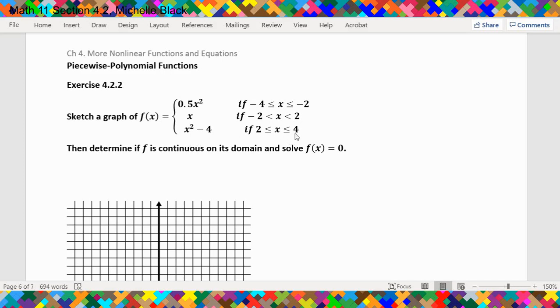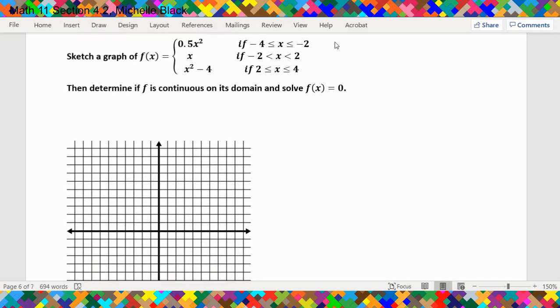We've seen piecewise functions before, we did them in class, and it's basically just a function made up of pieces of functions defined for certain parts of its domain. So let's graph f and then determine if this graph is continuous, as well as solve f of x equals 0.